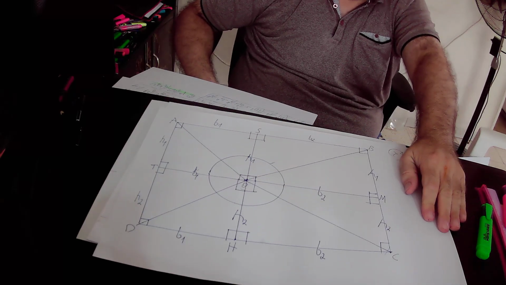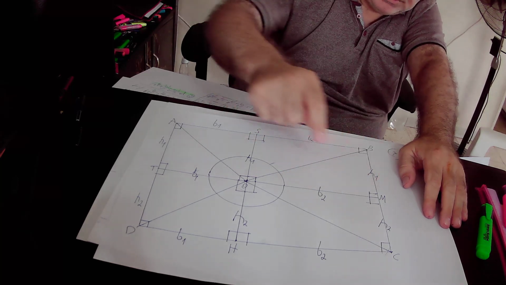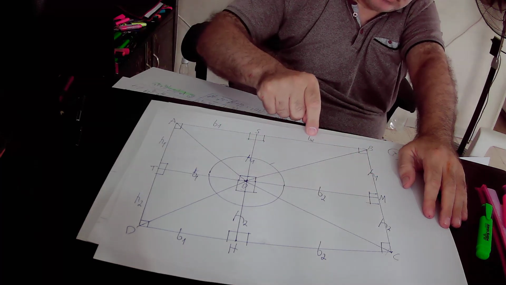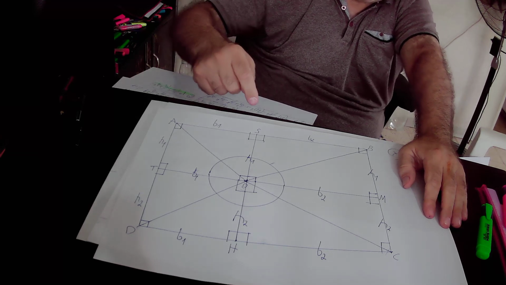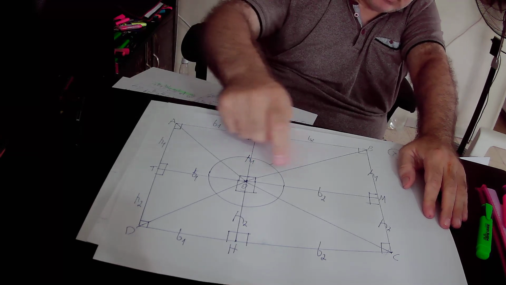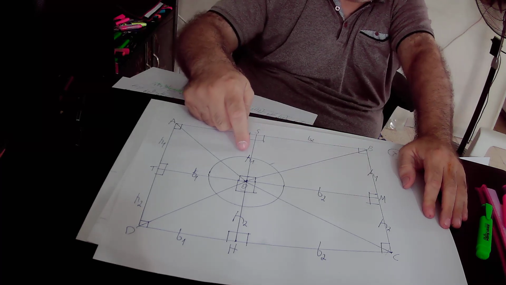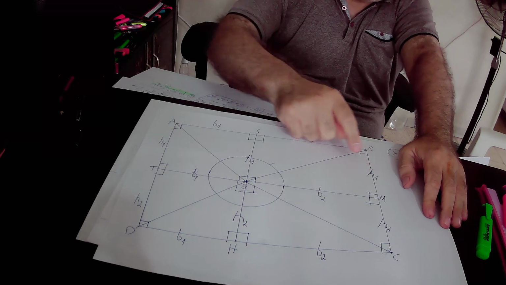The same thing we did in rectangle SBMO. SB equals OM, but SB equals B2, therefore OM must also equal B2. Likewise, in rectangle SBMO, SO equals BM, but SO equals H1, therefore BM must also equal H1.